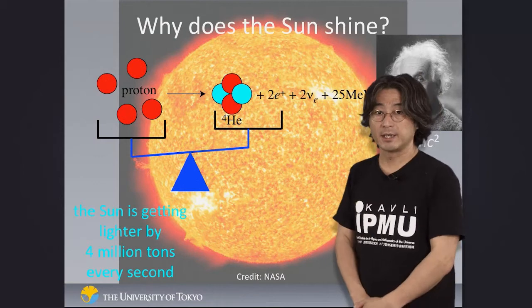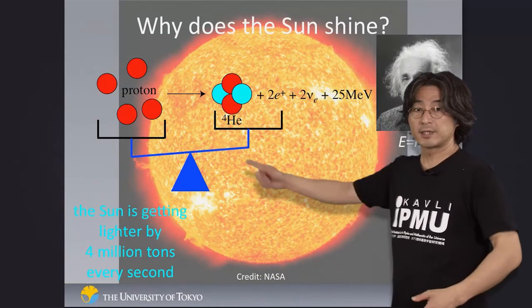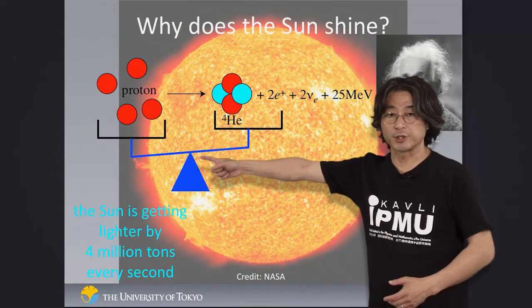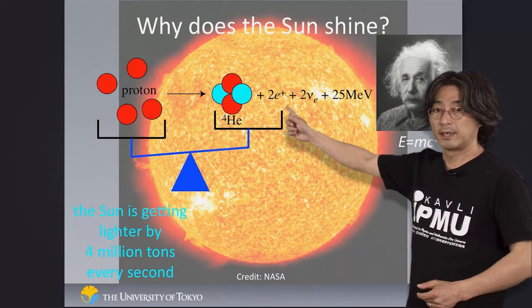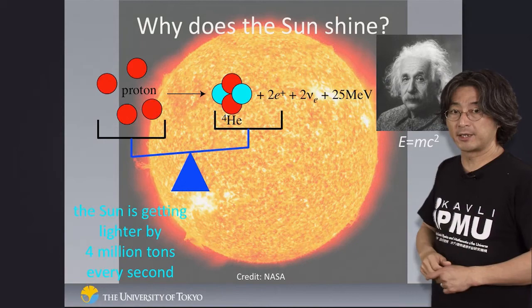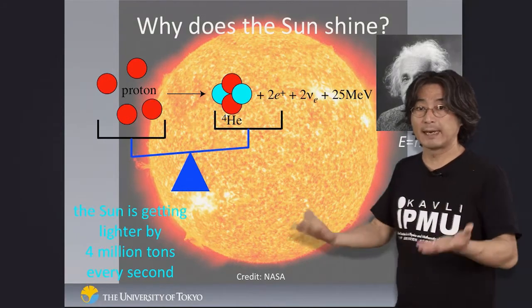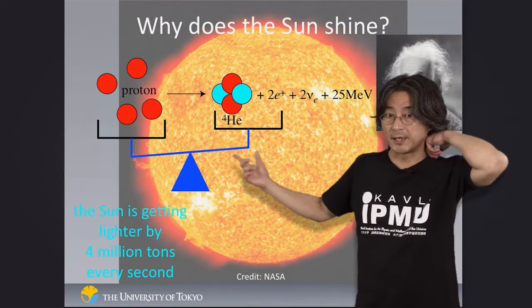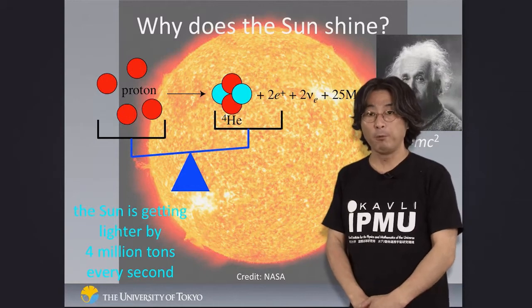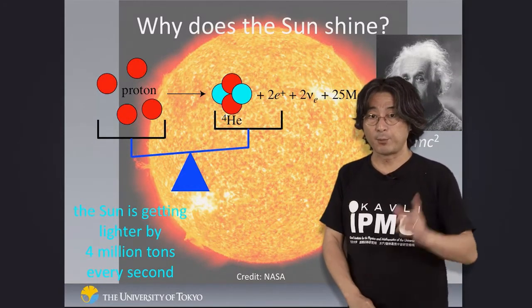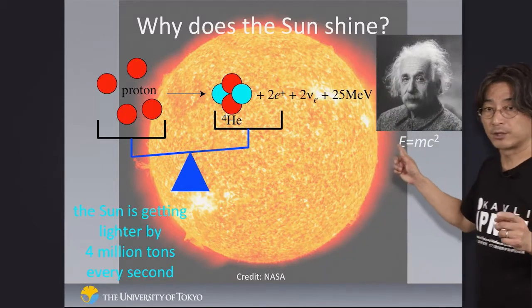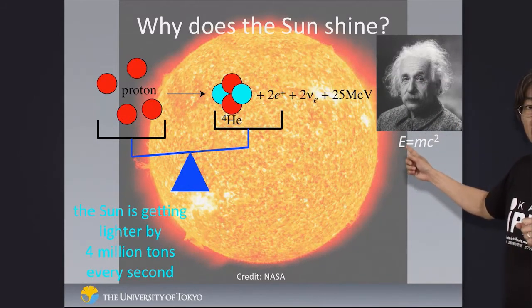But what we see here is different. The sun, before the reaction, was a little heavier than after the reaction. So by releasing energy, what the sun is doing is actually getting lighter. As a matter of fact, the sun is getting lighter by 4 million tons every second. And the reason why that is important is because of E equals mc squared.